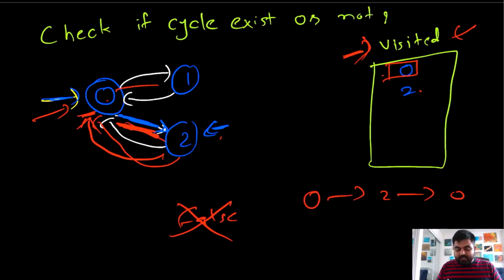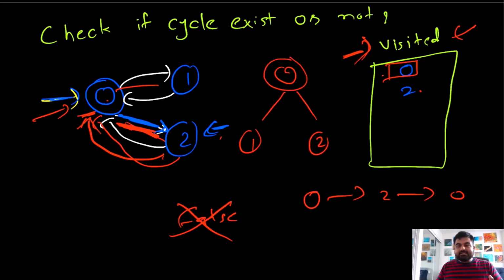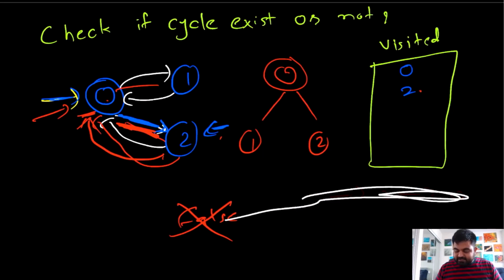But in reality this 0 is actually the parent of this child 1 and 2. So if that's the case, why are we still doing things like this? What could be a better approach to detect these cycles?